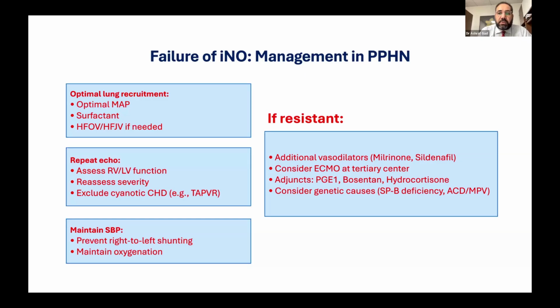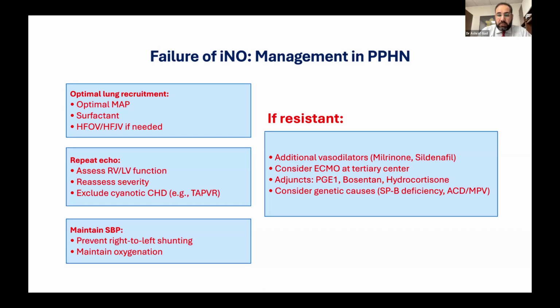If you fail to control the PPHN with the nitric oxide, then you can add supplementary medication, second line. In this case it is milrinone and sildenafil, or even you can add adjunct medications. It depends on the center. Or consider ECMO. We encourage you to call the ECMO center early if you don't have ECMO on site.